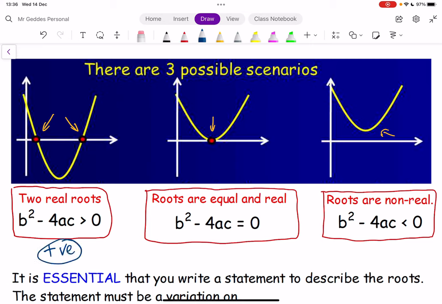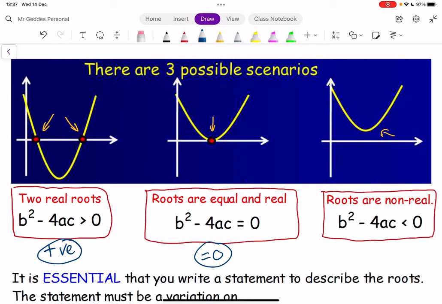Okay. So if your discriminant comes out as a positive number, you can say that it's got two real roots, okay? The middle one up there, if the discriminant comes out equal to 0, you're going to say that the roots are equal and real, okay? So positive answer, you're going to put a wee statement that says two real roots.